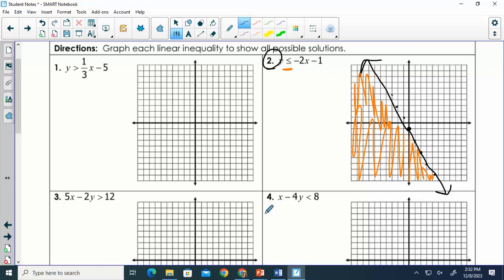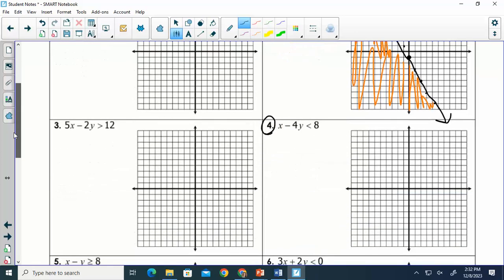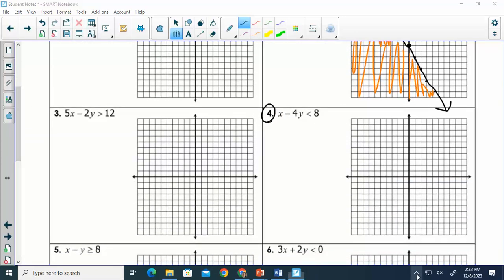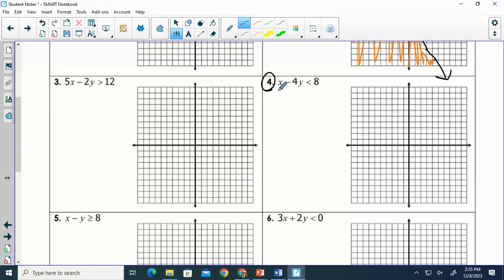Why don't you guys try number 4? Alright, so we subtract the x. Divide by negative 4. Because it's a negative, we flip the inequality. So we start at negative 2.